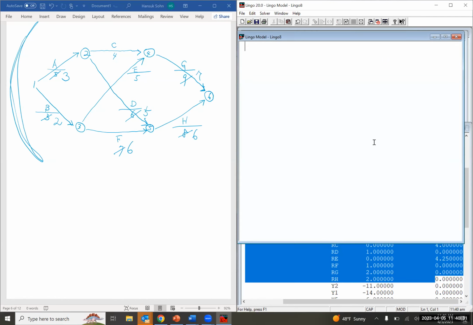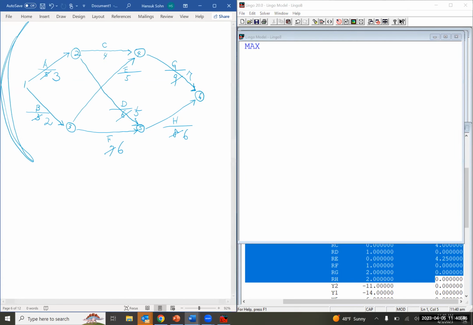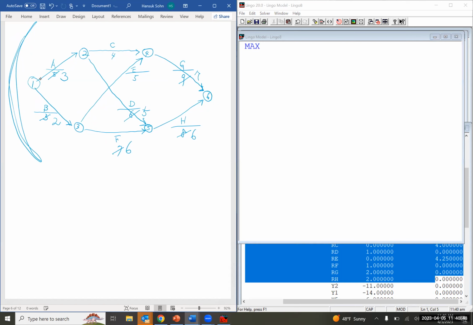So our objective function is a maximization problem, right? Because we want to get the longest path from the beginning node, which is node 1 in our case, to the ending node, finishing node, which is node number 6.